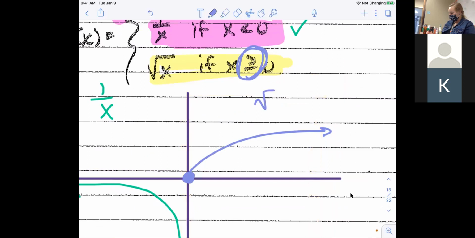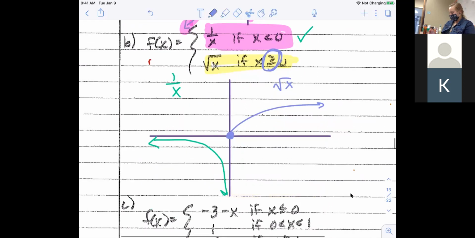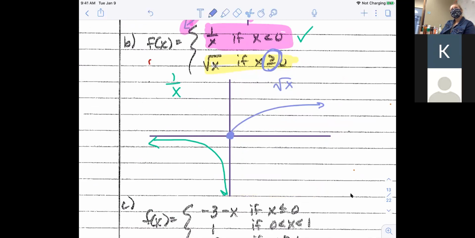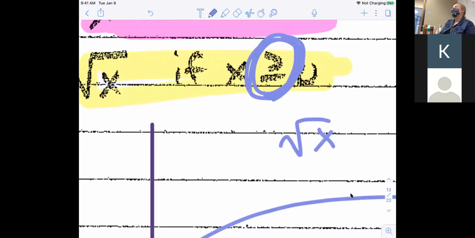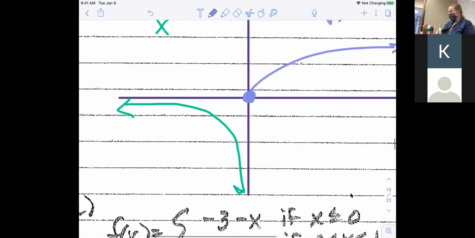Say again. The inequality sign matters if there's a point on that line. Yes. So you saw how this one, if it even said equal to, it wouldn't change our graph, right?